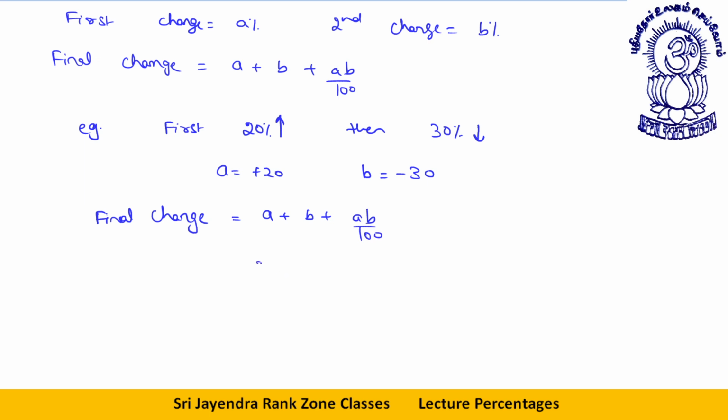Now I have to put the values cautiously. 20, 30, A plus B plus A into B by 100. Okay, so that will become now how much? That will be minus 10 plus minus 6, or you can say minus 16. Therefore, final change is 16% decrease.